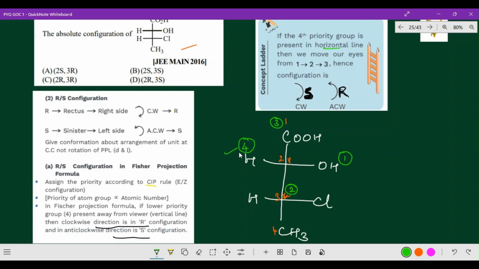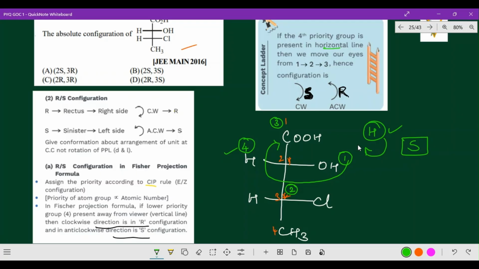We move our eyes from 1 to 2 and 2 to 3, so it is clockwise. The lowest priority group is on the horizontal line and it is clockwise, so it is S configuration.